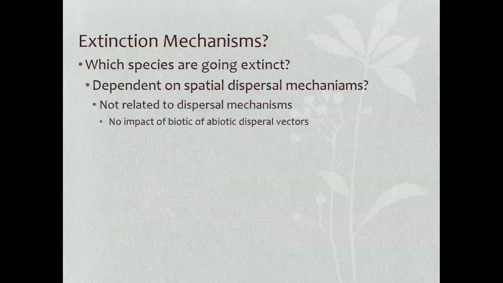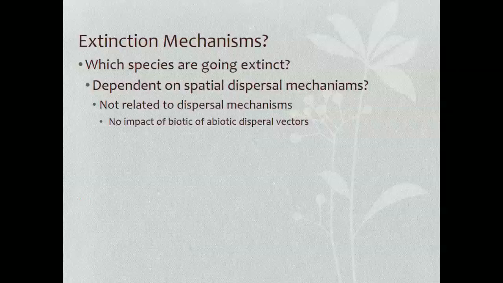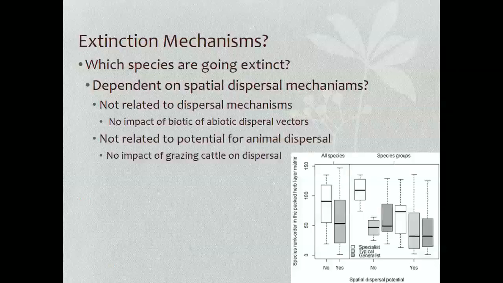So which species are going extinct? It was not related to basic dispersal mechanisms, but it was related to the potential of animal dispersal. And that was based on whether seeds had actually been found or recorded in poo in other studies, for example. No, it wasn't related to that in general.